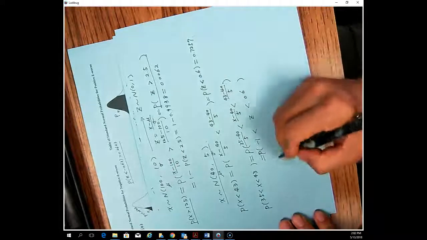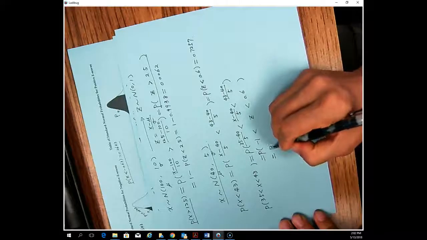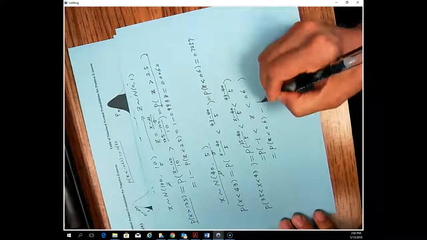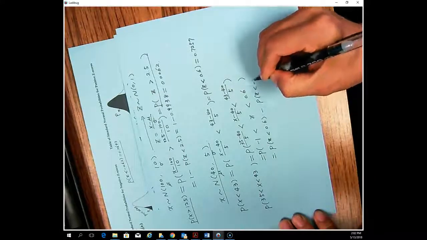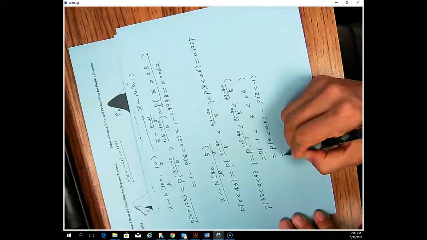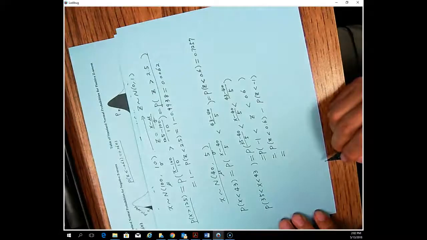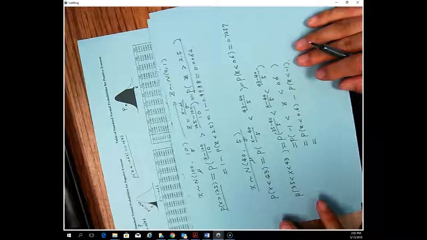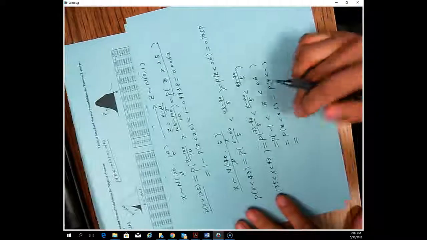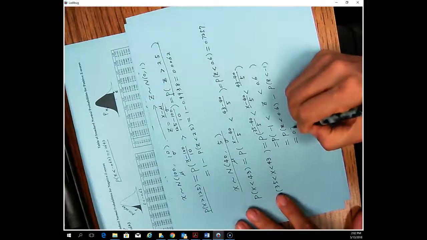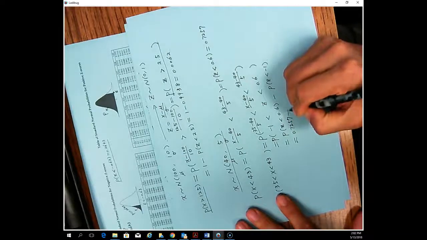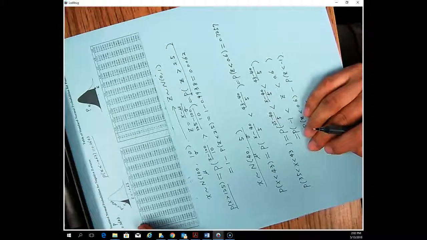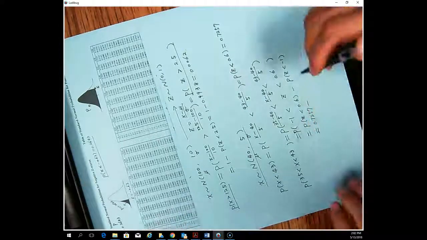And from the previous demo, this will be the probability of z smaller than 0.6 minus the probability of z smaller than -1. Right? So we look up the z-table. For z smaller than 0.6, the probability is 0.7257. Subtract the probability of z smaller than -1, the probability will be 0.1357.